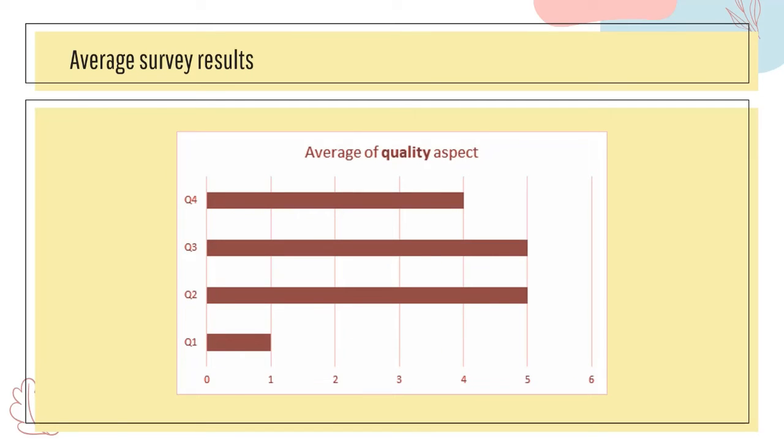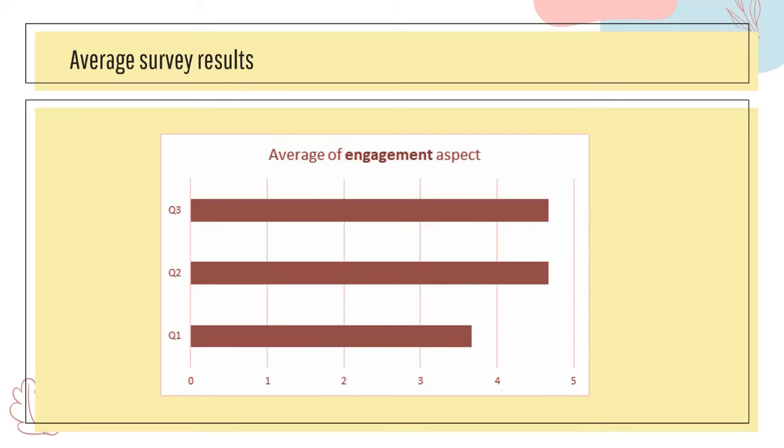And the second one is the average value of the quality aspect. I got 1 point in question 1, 5 points in question 2 and question 3, and also 4 points in question 4. And this is the last average value, of the engagement aspect.